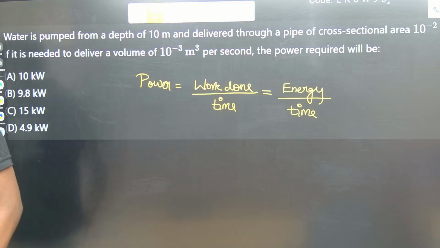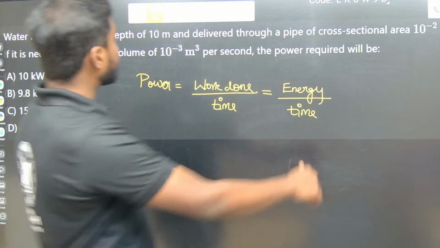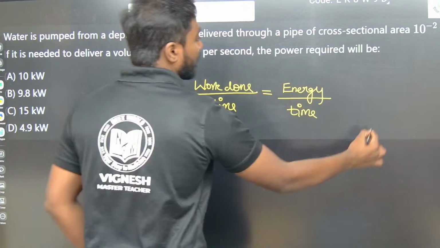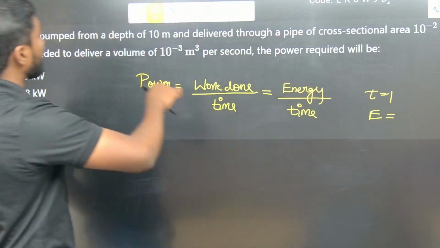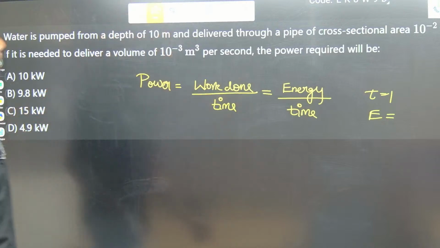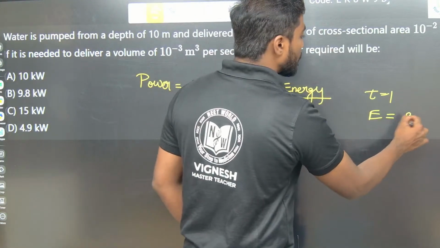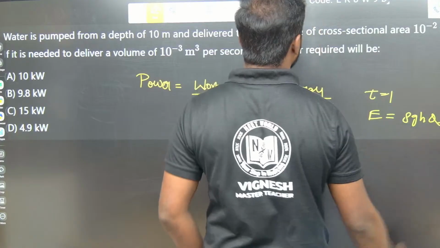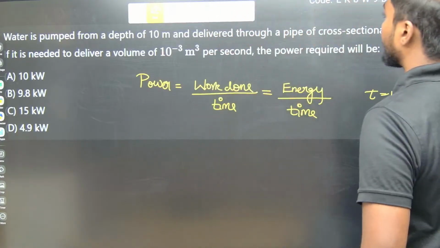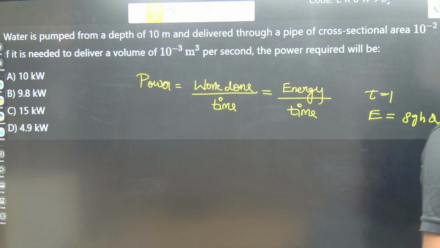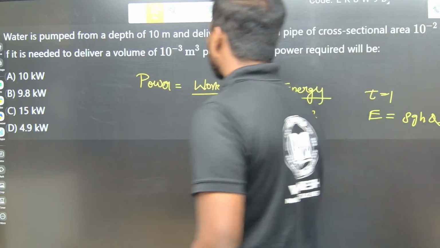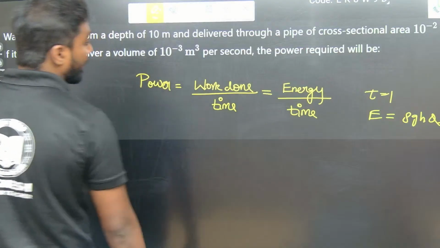In this I need to find the energy, right? Per second they are asking, so t is equal to 1. What about the energy? It's delivering from the depth up. So energy is rho g h into Q. Q is given, depth h is given, the delivered volume is 10 power minus 3, and the cross sectional area is given.